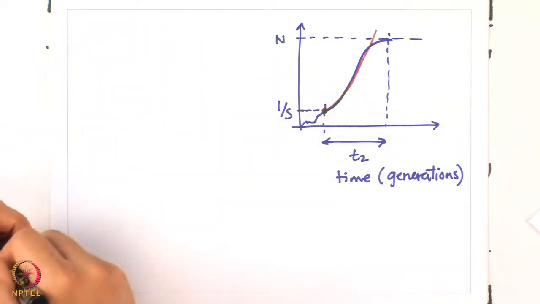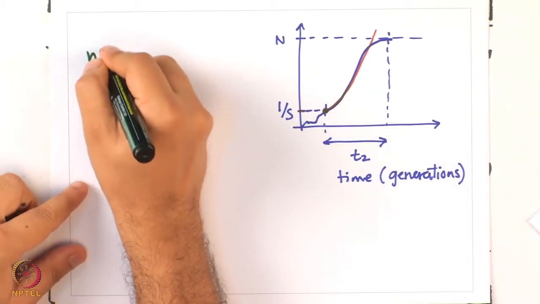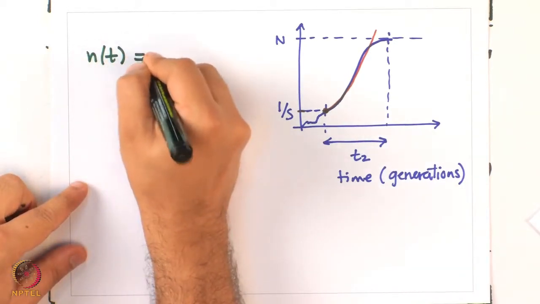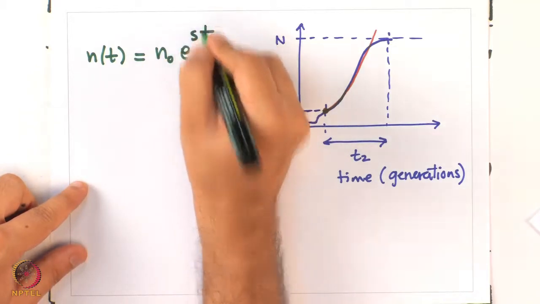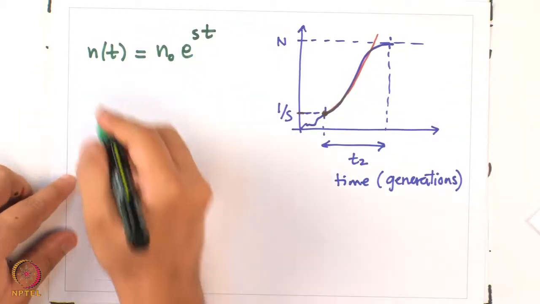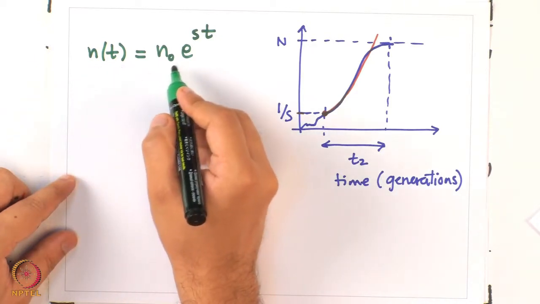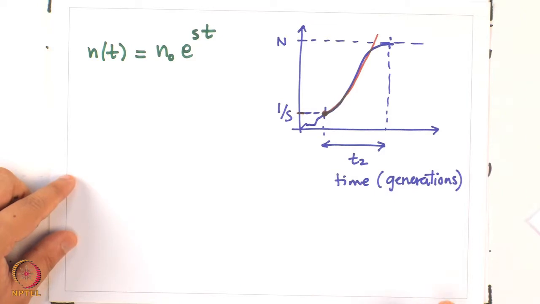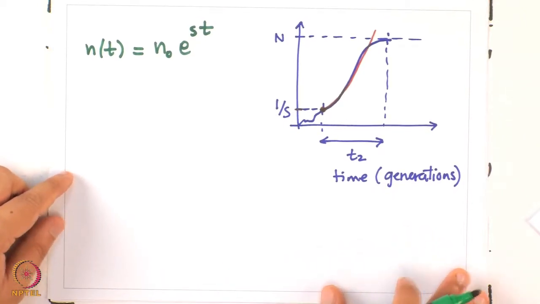So, using exponential growth, we know that numbers vary according to this relation, N(t) is equal to N naught e to the power st, where this is the number of individuals at any time t, this is the starting number of individuals, and s is the growth rate, or in this case the selection coefficient associated with the particular genotype.